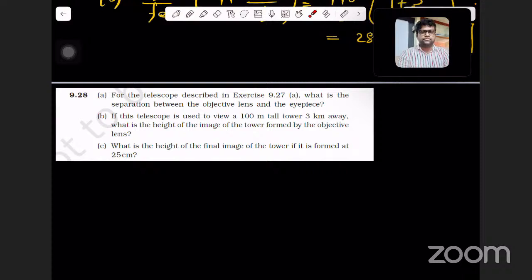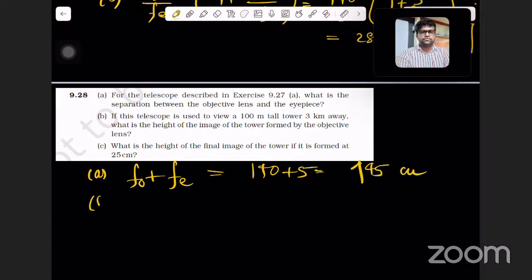Okay, so in normal adjustment, the separation is just the sum of the focal lengths, right? Which is 140 plus 5, which is 145 centimeters. Okay, now if this telescope is used to view a 100-meter tall tower 3 kilometers away, what is the height of the image of the tower formed by the objective lens?